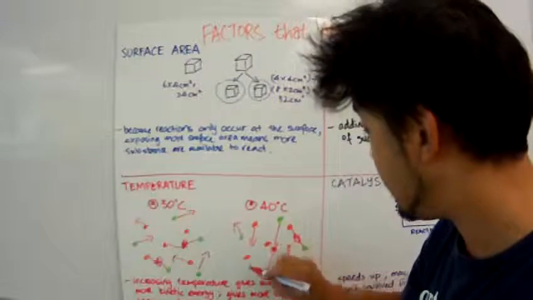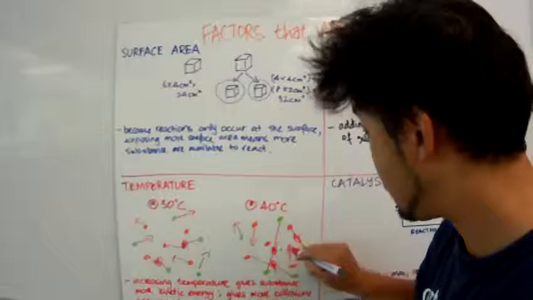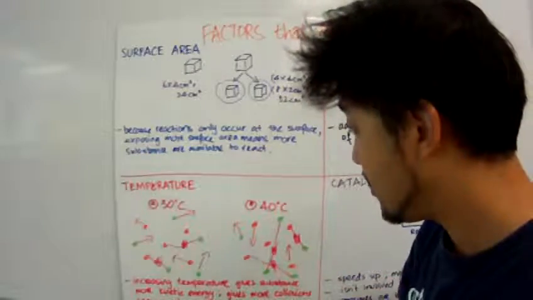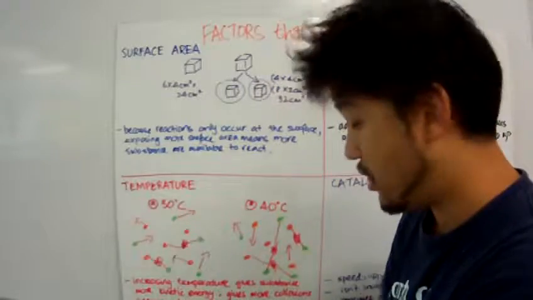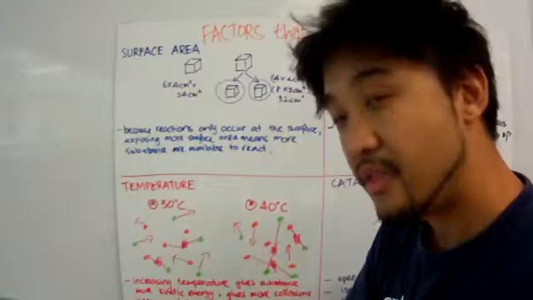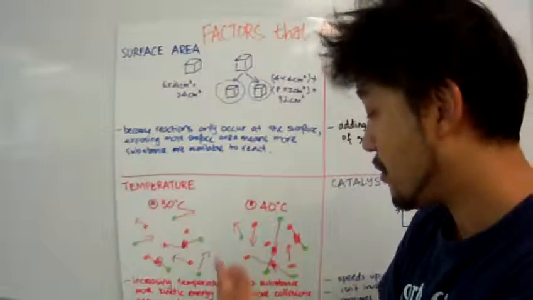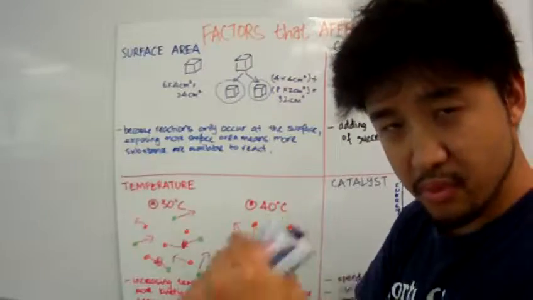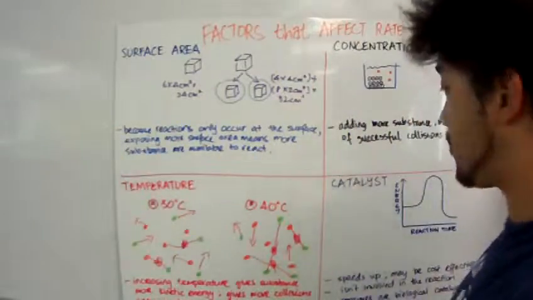Some will still collide with the vessel wall, and some will now be able to collide, and you should have more successful reactions. So by increasing the temperature, you give the substance more kinetic energy, and that means you have more collisions because substances are moving at a faster rate. Okay? That's the second one.